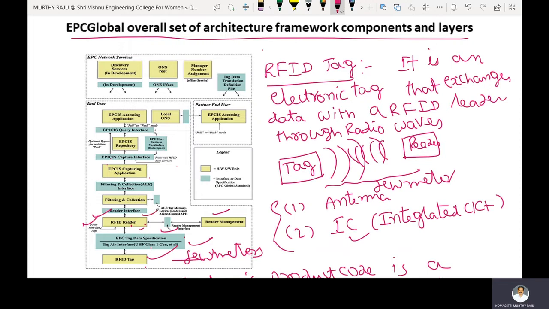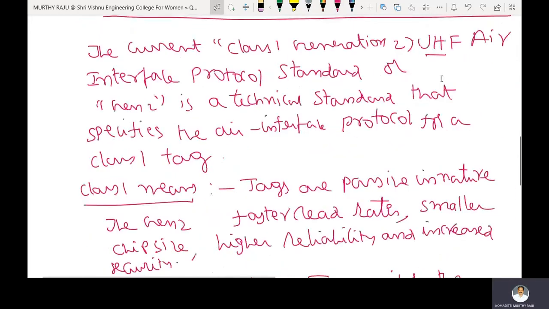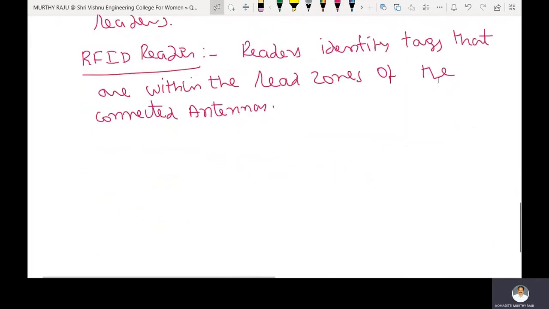Next, coming to the RFID radar interface. Once the RFID radar extracts the information from the RFID tags, that is called raw tag data. It does not follow proper rules.